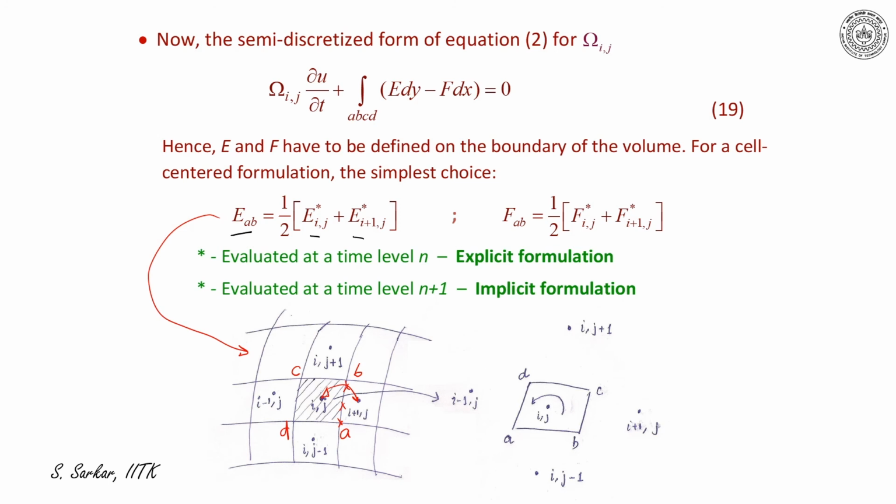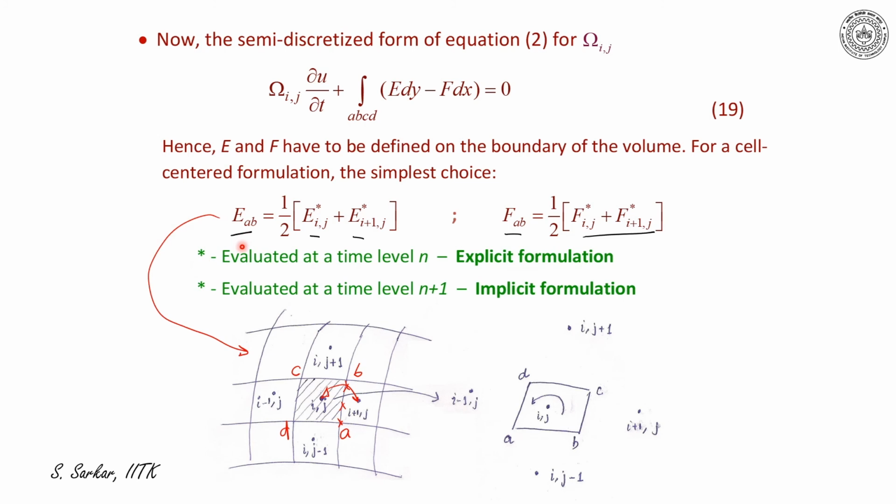Similarly, AB is equal to half of F star ij plus F star I plus 1j. Now, if all these quantities are evaluated at the old level N, then we'll land on an explicit formulation.